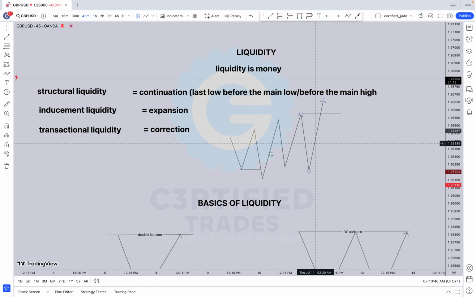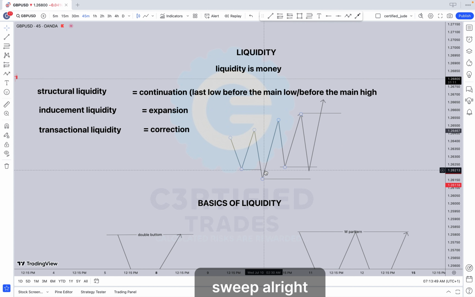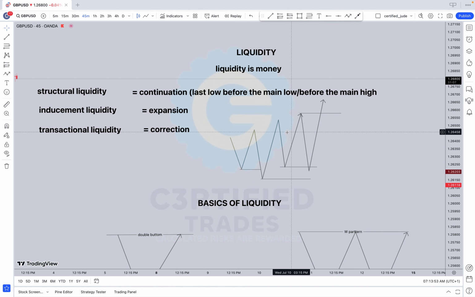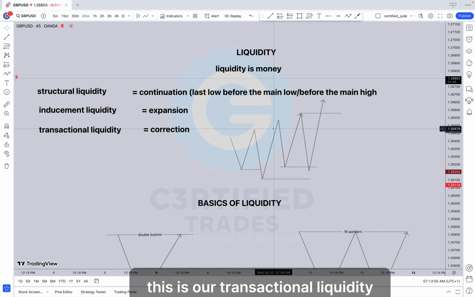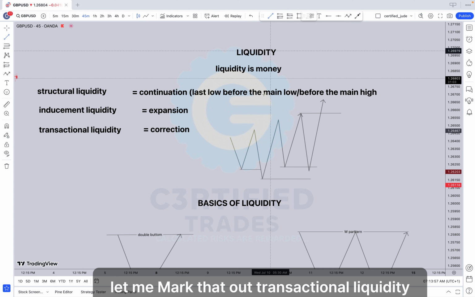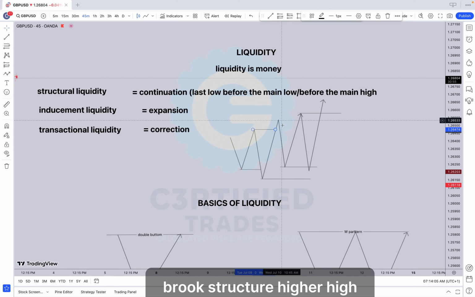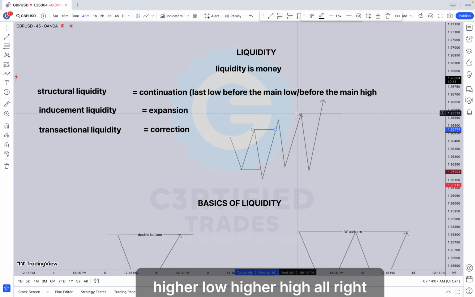All right, now this structure is what we are looking at in the market. Sweep. All right, then where is our transactional liquidity in this structure? This is our transactional liquidity. Let me mark that out. The basic market structure will tell you it broke structure, higher high, higher low, higher high.